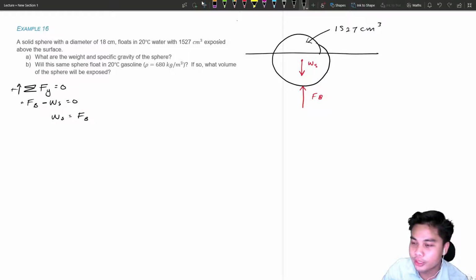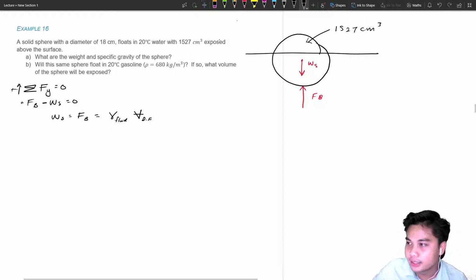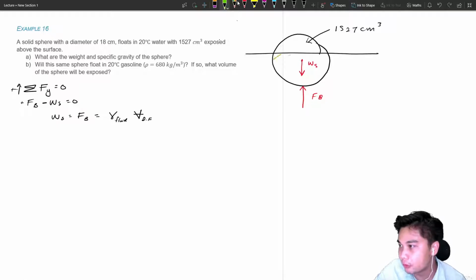So to get Ws, we rearrange: Ws equals the buoyancy force. How do we calculate the buoyancy force? The equation is gamma of the fluid multiplied by the volume of displaced fluid.